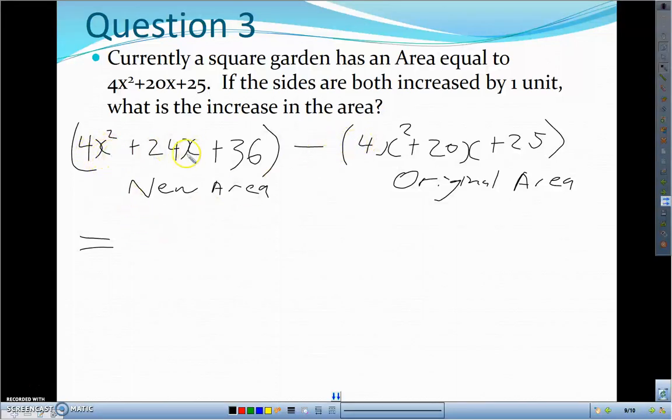That's going to be gone. The 24x minus 20 is going to be 4x. And now we've got 36 minus 25, which is going to be 11. So what it tells us is that by increasing the lengths by 1 unit, the increase in area is 4x plus 11.